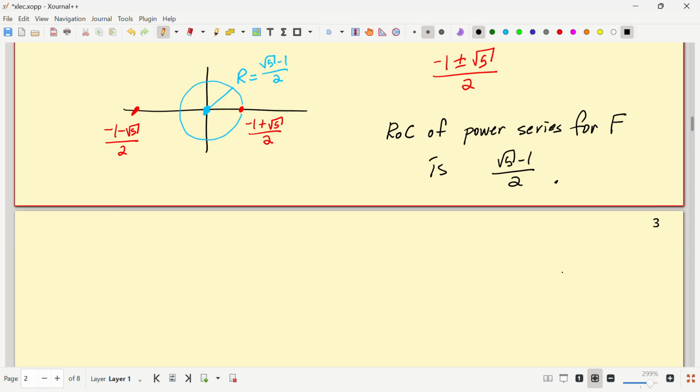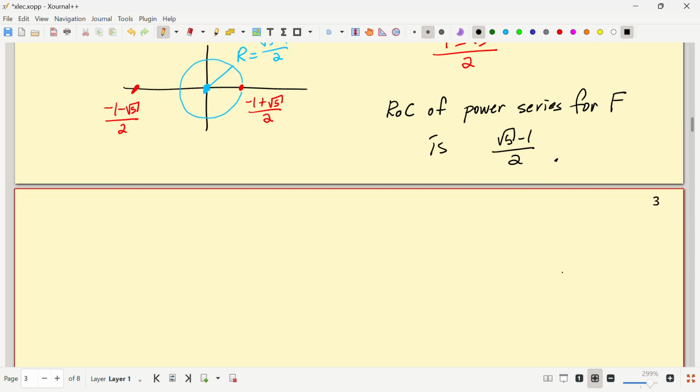Okay, and now the aha moment is that I know that capital F of z is 1 minus z squared. What am I saying? Let's see, what do I know?